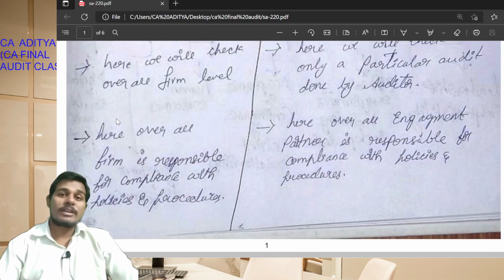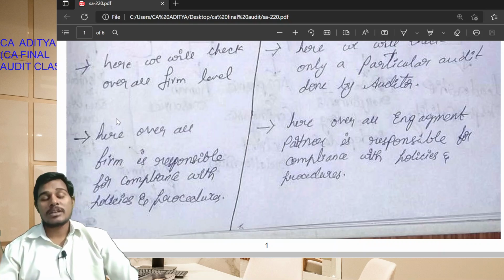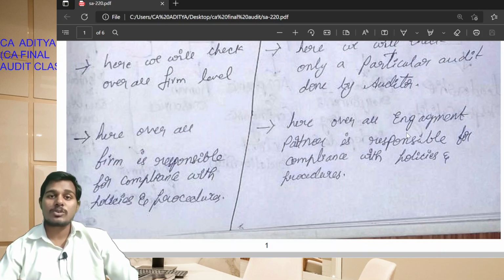In SQC 1, the firm is responsible for compliance with policies and procedures.